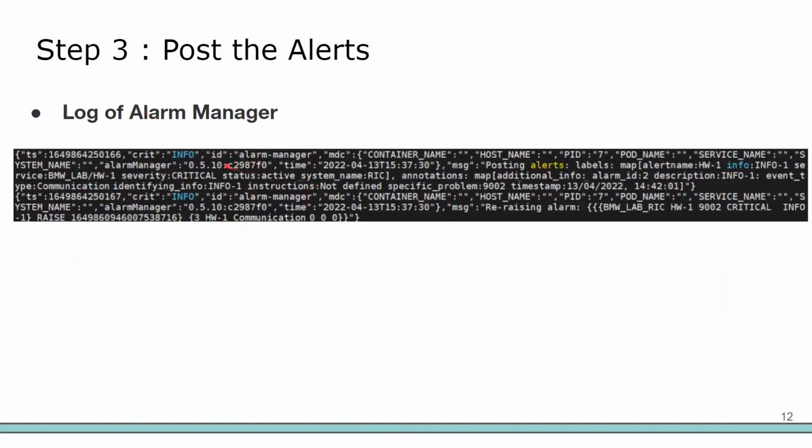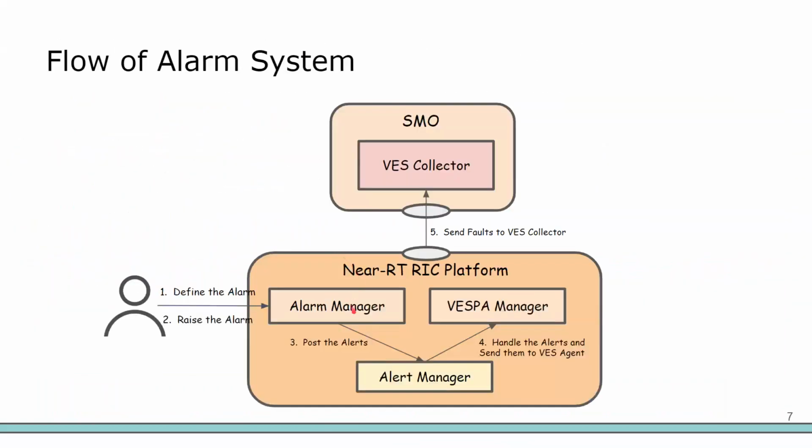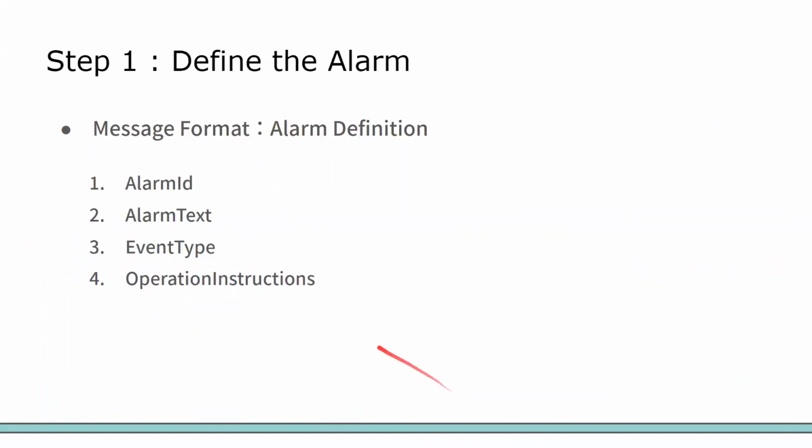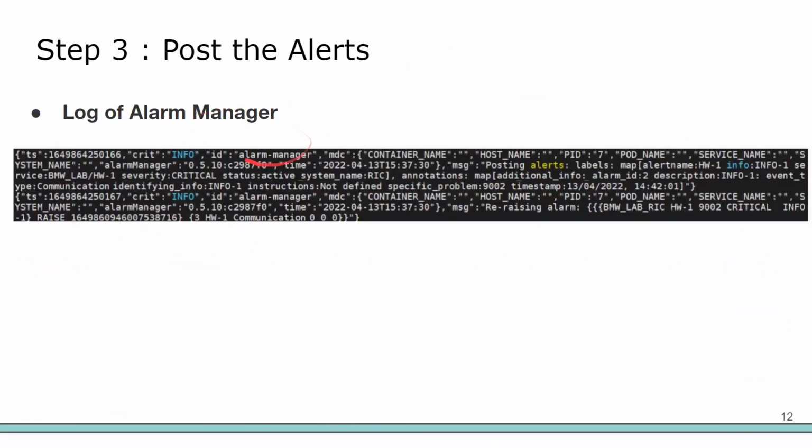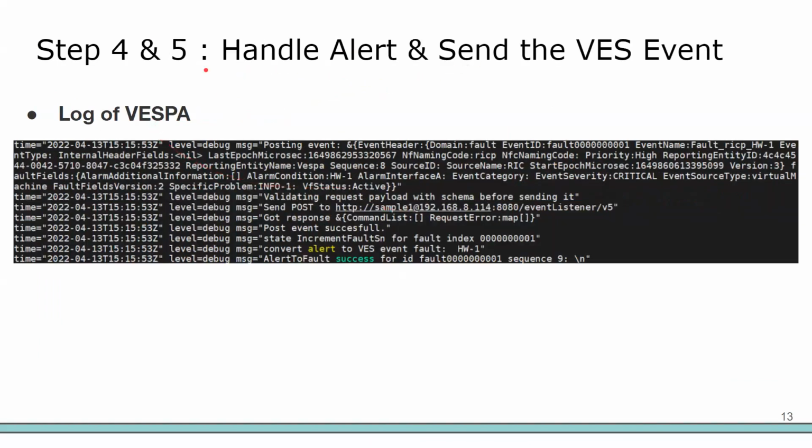You can use the command to send your REST message. In step three, you can see the alarm manager receive the raised alarm and post the alert to the alert manager. Here is the log, where you can see the alarm manager posting the alert to the alert manager. Next, the alert is handled and the VS event is sent to the VS collector.